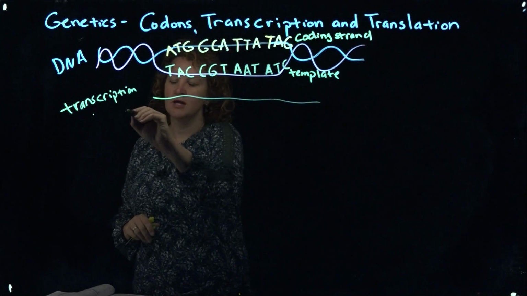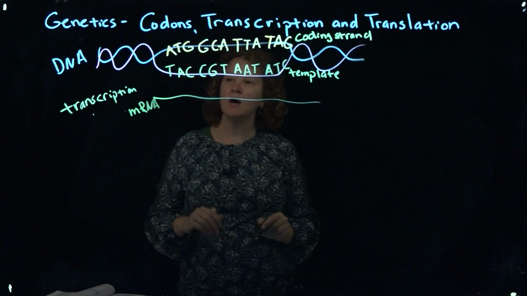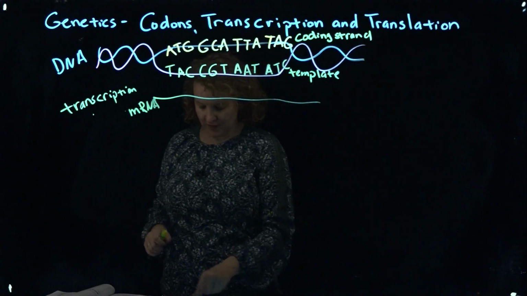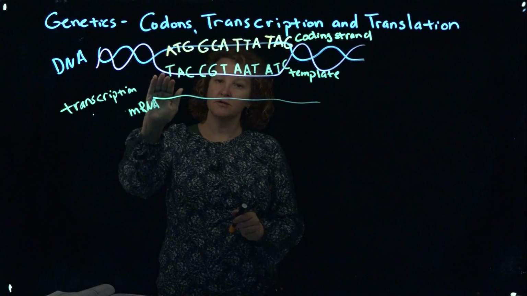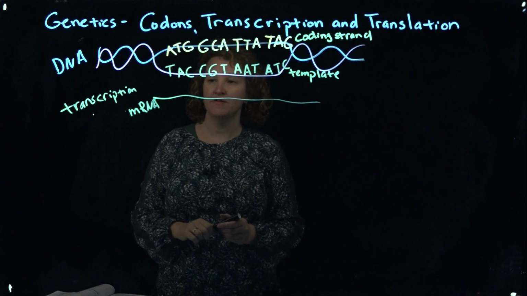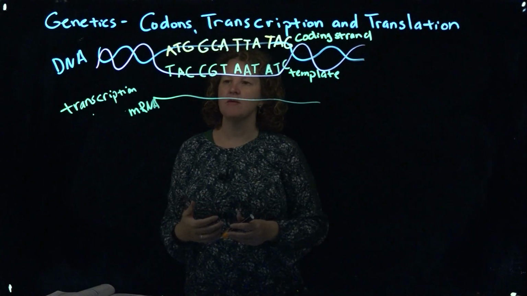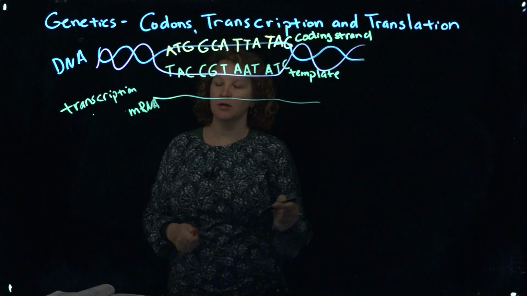So here's our strand of mRNA. And now I can go through the template strand and build the complement to that. Now, all RNA uses uracil as its nitrogenous base instead of thymine. So when I feel like I want to write a thymine down to build the complement, I need to stop myself and remember that a uracil goes in that place.